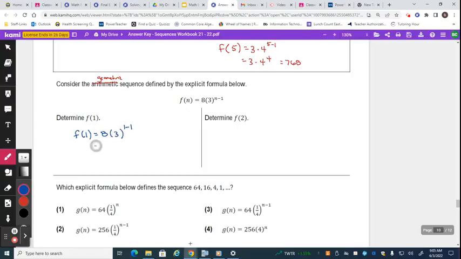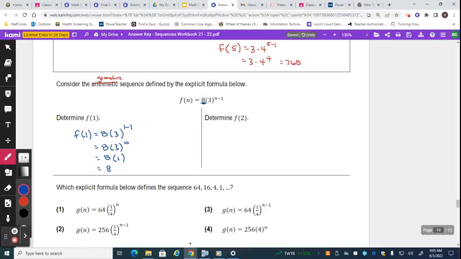If I plug in 1 for n, 1 minus 1 is 0. And anything to the 0 power is equal to 1. So 8 times 1 is 8. And that's showing up in the equation.